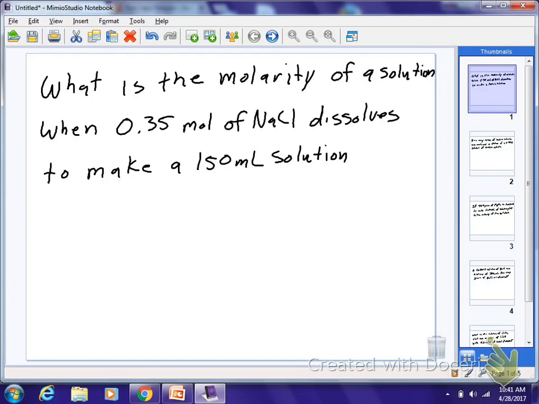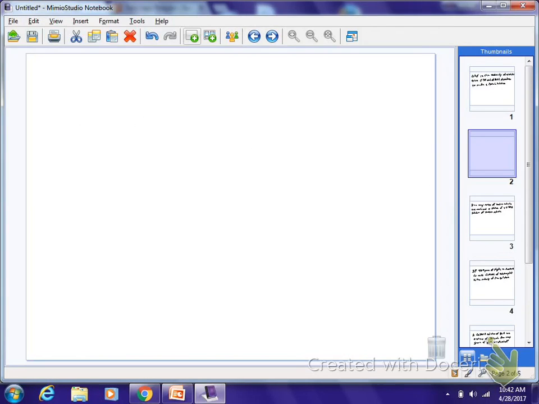Okay? What we're going to do is talk about molarity. On top here, molarity is moles of solute over liters of solution. A simple way to show that is that capital M is the unit you can write down for molarity.